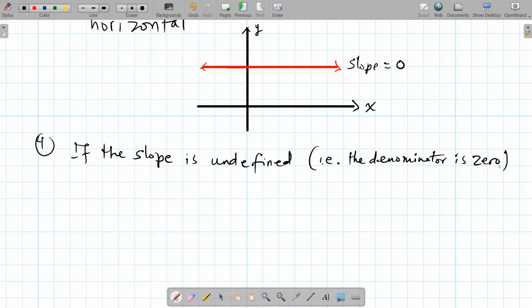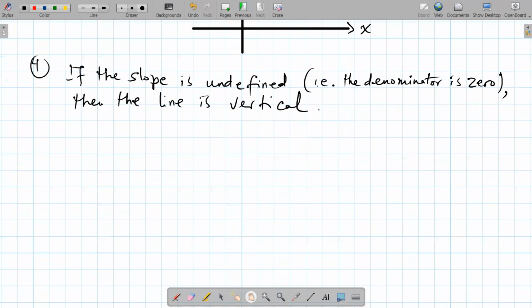You get undefined. Your calculator will say error. Okay. If that is the case, then the line is vertical. Vertical. So let's put it on that form.